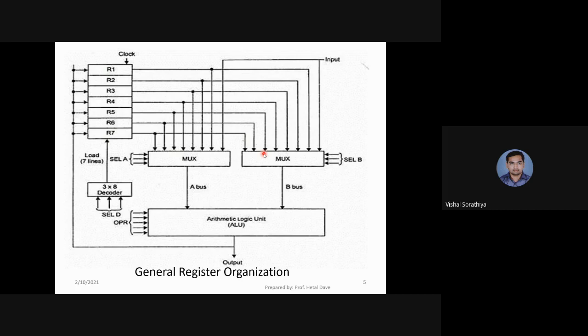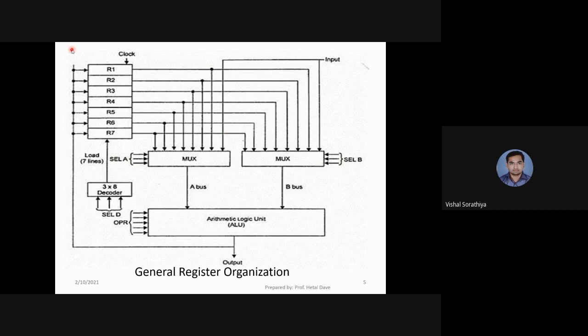The multiplexer selection line will choose which register out of all I need to include in my system. Like I want to do the task with R1 and R2. So for R1, you give selection line A so R1 comes over here, and you give selection line B in such a manner that R2 comes over here.